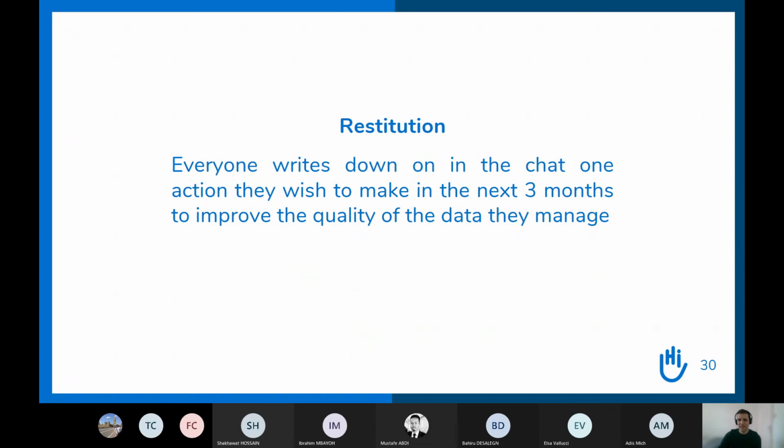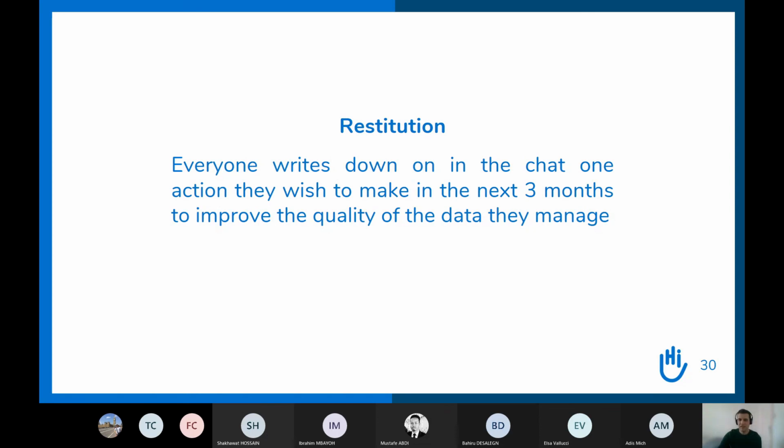Okay, so we have Thomas on standardized reporting. Good one. Please don't be shy. Okay, so François is going to work on capacity building.